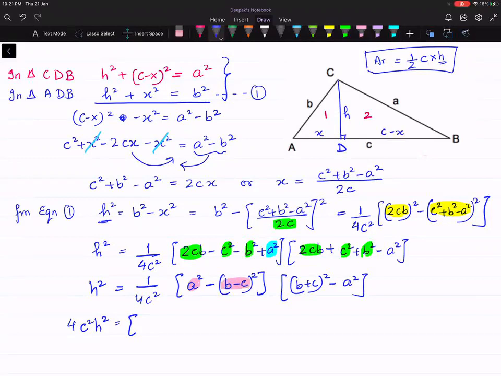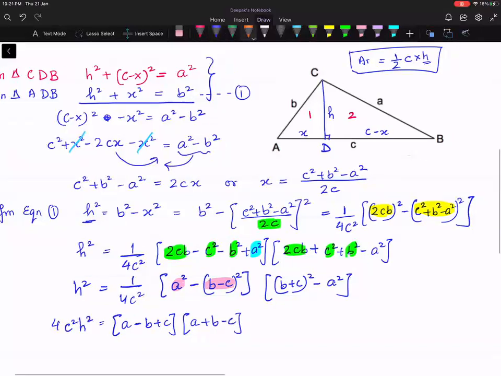So you apply the identity, this is a minus b and a plus b. So now let's apply the identity in the other one. So here we will apply the identity, beta. So what I'm getting is b plus c minus a and b plus c plus a.